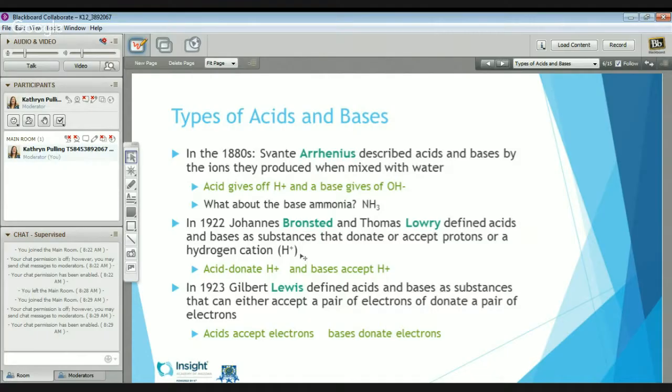So they're not letting hydrogen take its electron with it. And bases donate those electrons, because they're going to be the ones that grab that H plus, and they're going to donate their electrons in order to cancel out the charge. Really, you don't need a huge, strong understanding of this. Just make sure you can tell these apart, maybe make a chart.